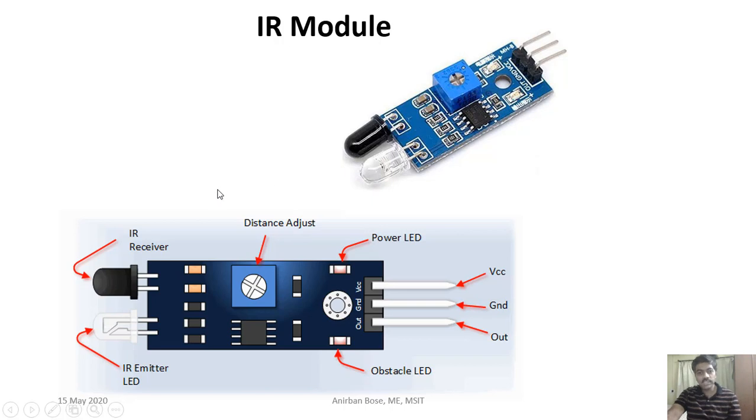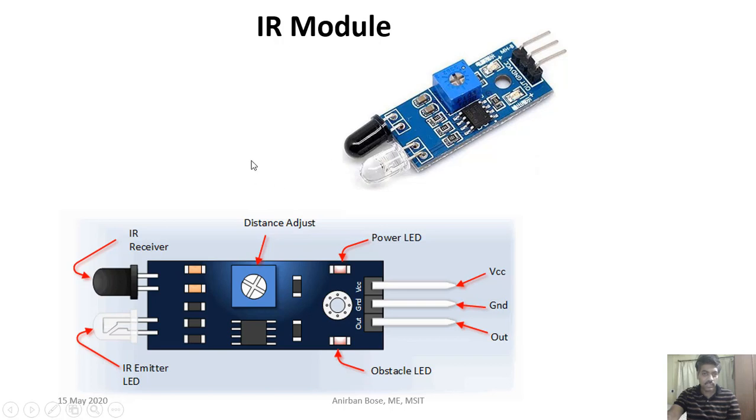And here you can see one LED, which is the emitter, and another one is the receiver. Through one LED, infrared is emitted, and the other LED, which is basically a photodiode, will sense the infrared that is reflected back. Reflection will occur when there is some obstruction or object in front of it, and based on that a certain pulse will go, and accordingly it will sense.